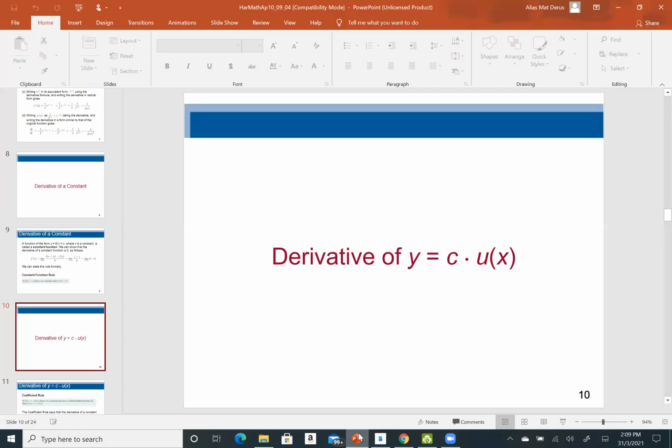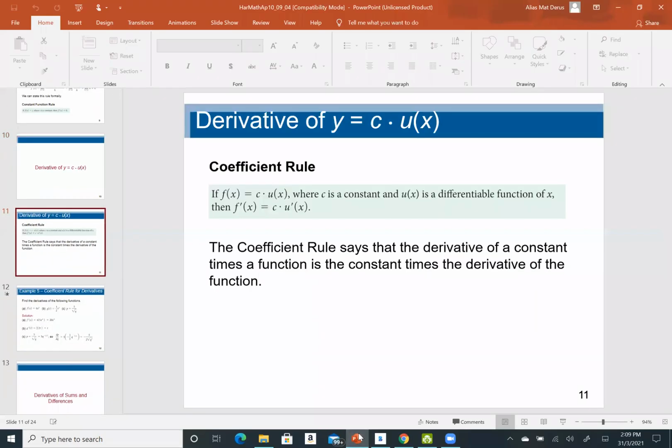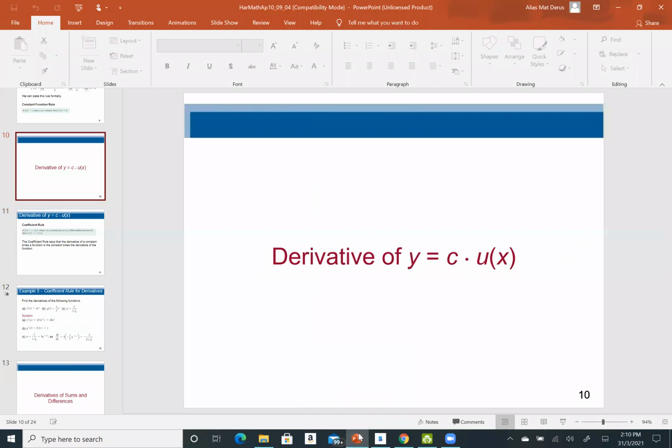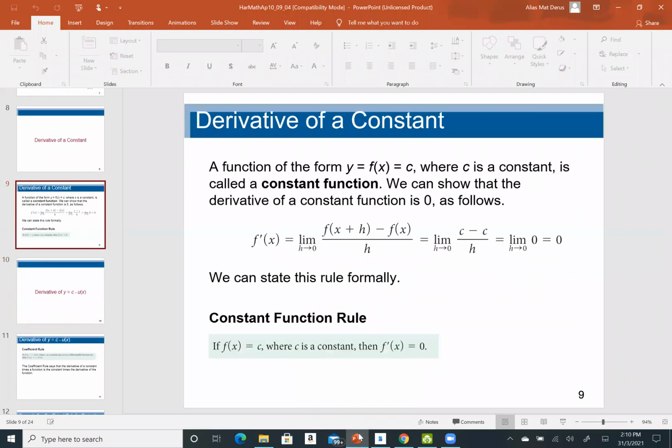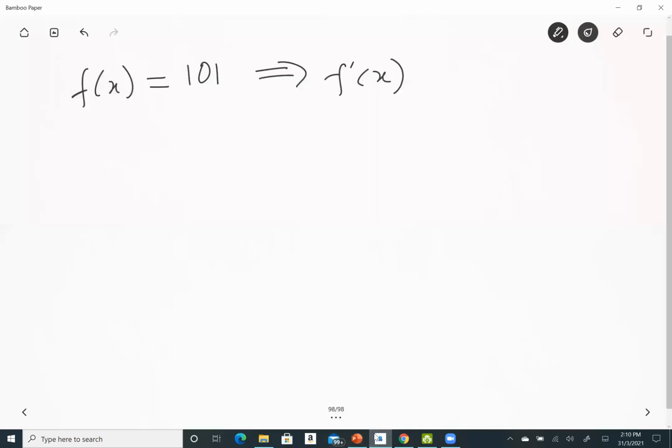So the rule is the following. So if you have a constant, constant rule. Okay, constant rule. Don't worry about the limit. Okay, we use just the rule at the bottom of the page. Now, what is the derivative of a constant? 0. So if it is constant, derivative is 0.